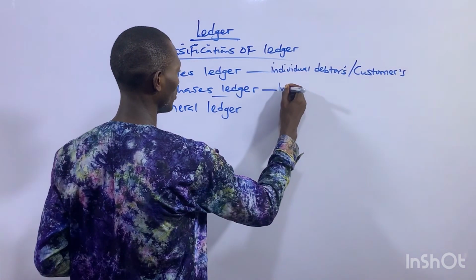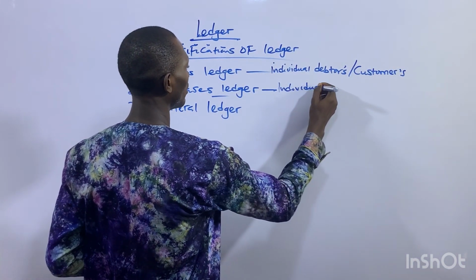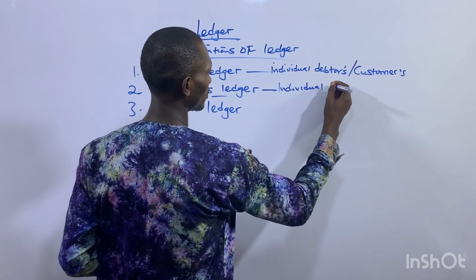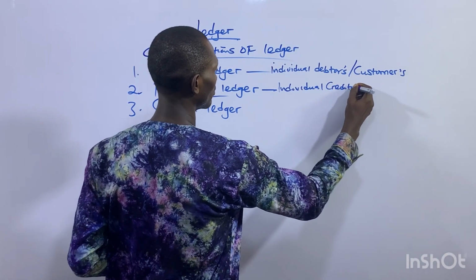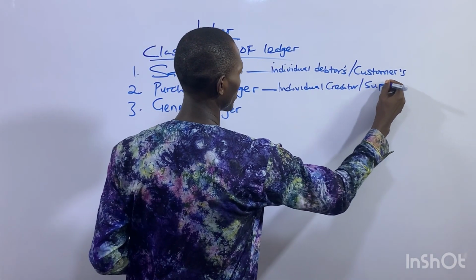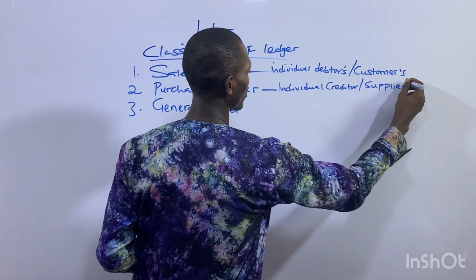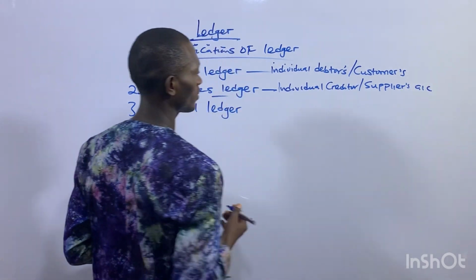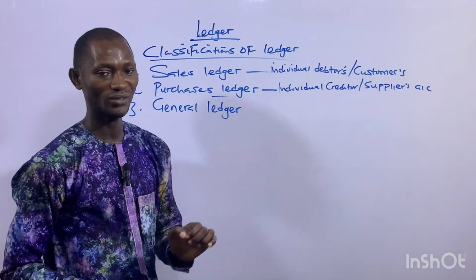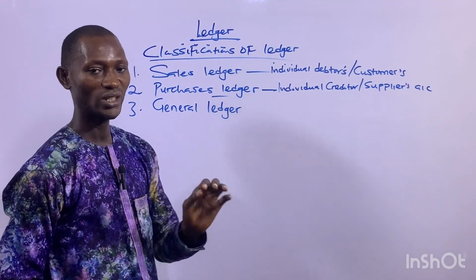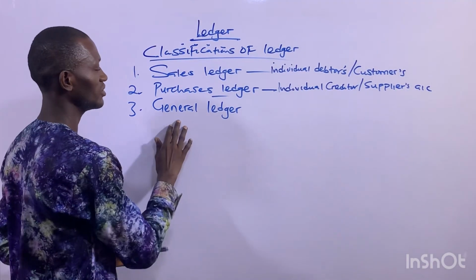So this purchases ledger contains the individual creditors or suppliers accounts. And lastly, general ledger.